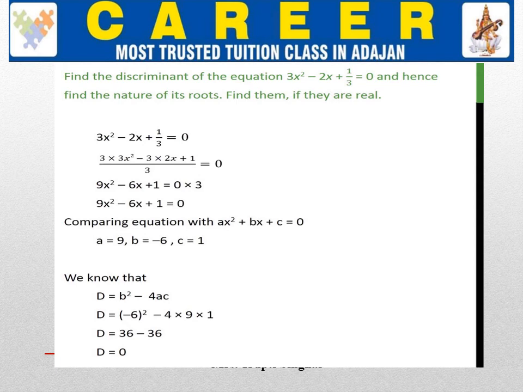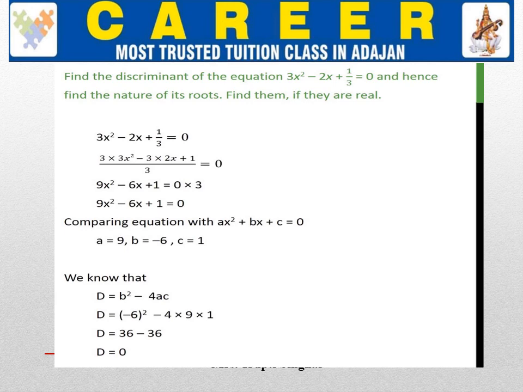For example, 3x square minus 2x plus 1 by 3 is an equation. Find the discriminant for this equation, hence find the nature of its roots, and find them if they are real. If they are not real, then stop the process.